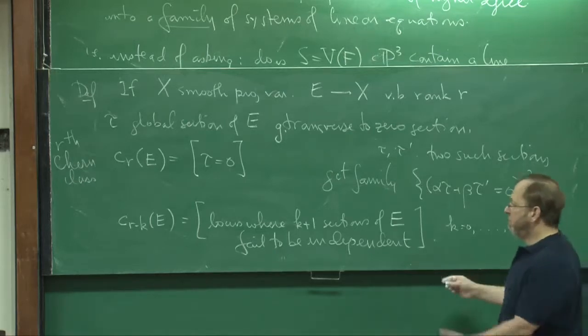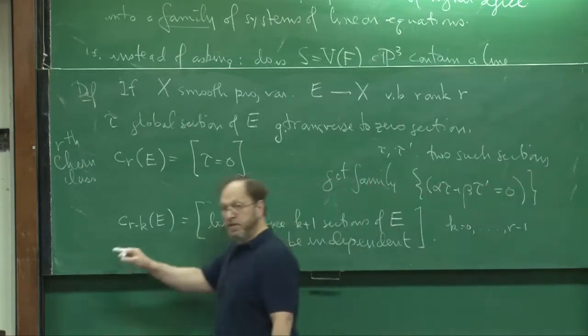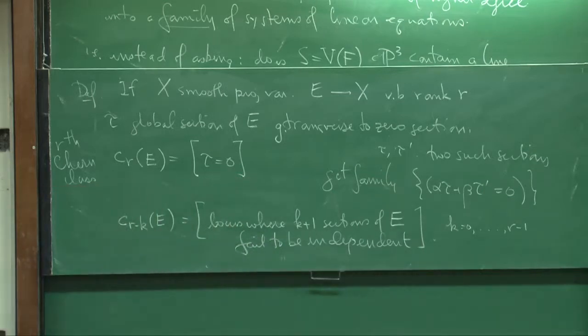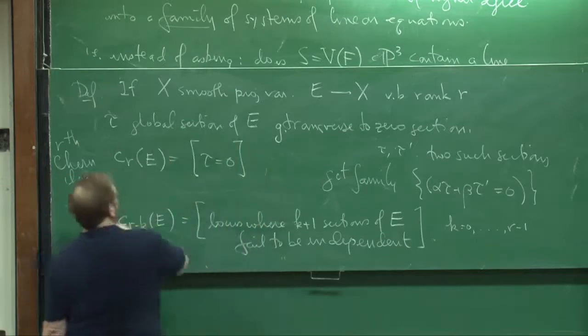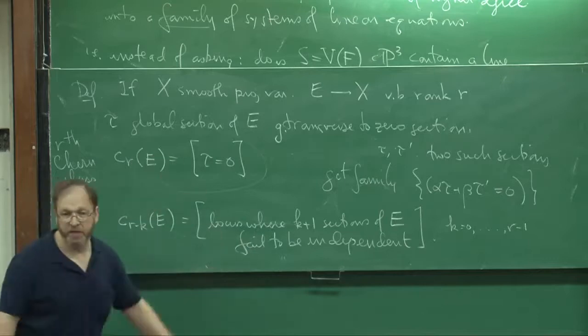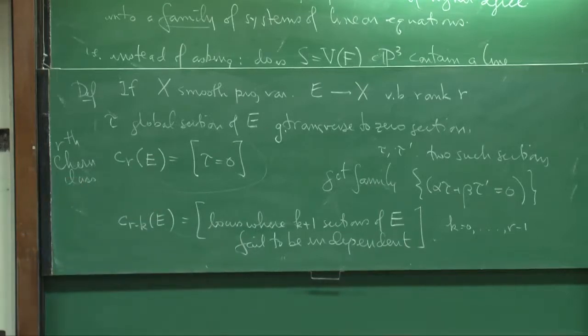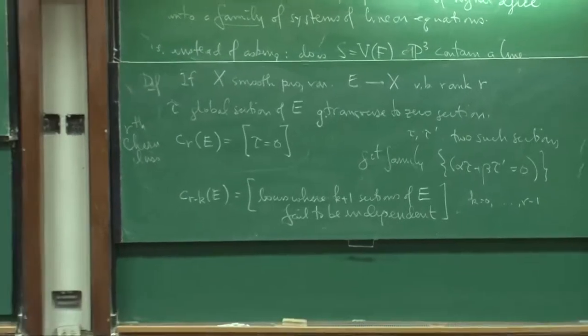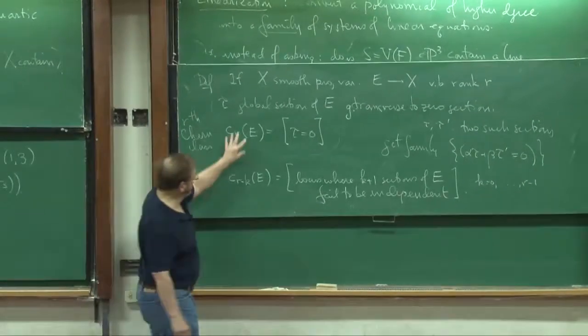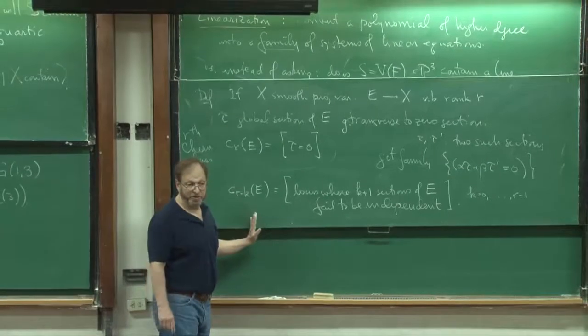So we have Chern classes correspondingly C1, C2, and so on. And the general definition is it's the locus where a collection of sections fails to be independent. Again, the one that, in this context at least, is most commonly invoked is simply the top Chern class. But you'll see in a moment that in order to effectively calculate these things, we need to introduce all the others as well.